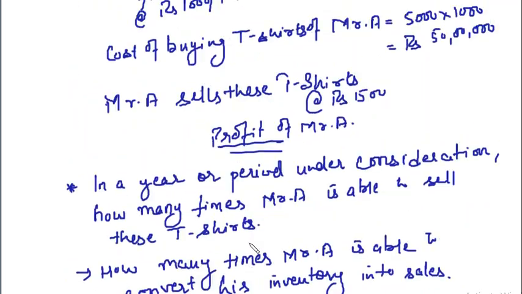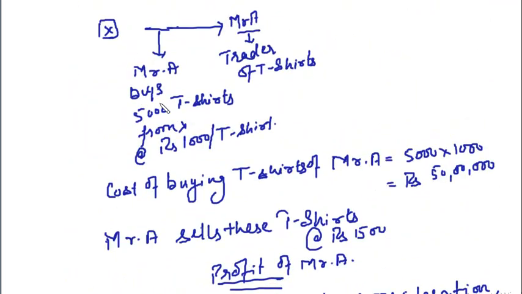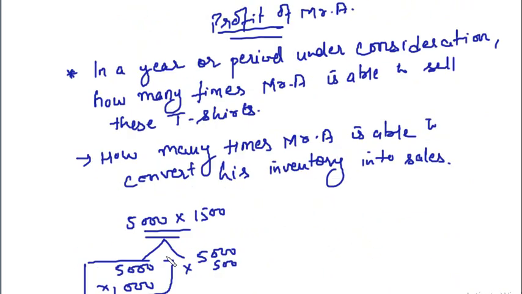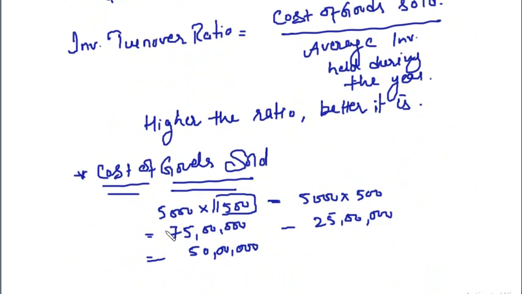See here, he bought the goods from Mr. X for 50 lakhs. So if I reduce from the total revenue from operations, total revenue from selling 5,000 t-shirts, he is getting 1,500 per t-shirt, that is, he is getting 75 lakhs. From that, if I remove the profit element, what will happen? I will reach at the cost.